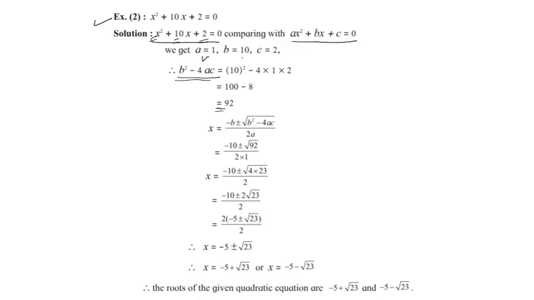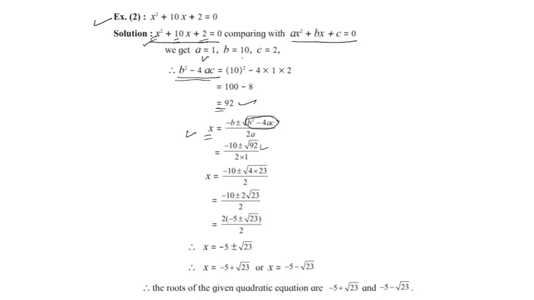Now see, this is the formula to get the value of x. Here we use the variable x because this variable is given in the equation. Now x equal to minus b plus minus root of b square minus 4ac upon 2a. So here we substitute the value of b: minus 10 plus minus, and the value of this term is 92, root 92 upon 2 into 1.